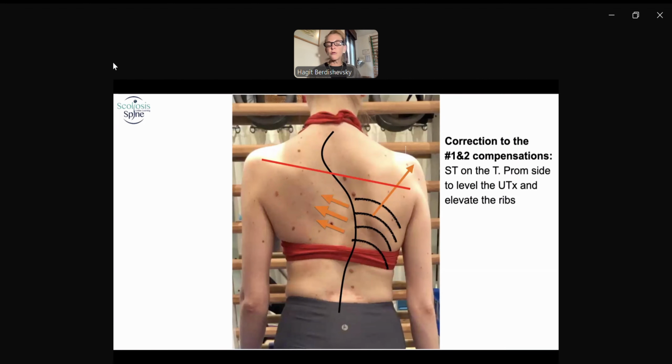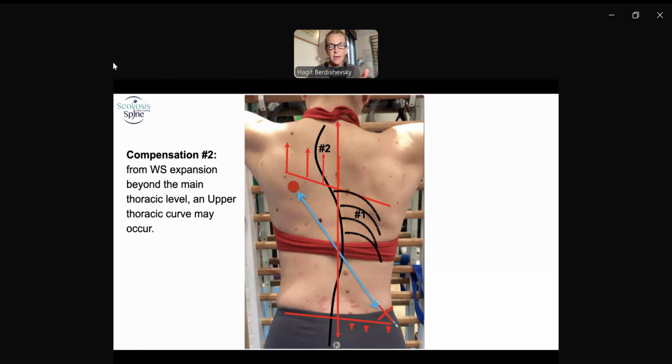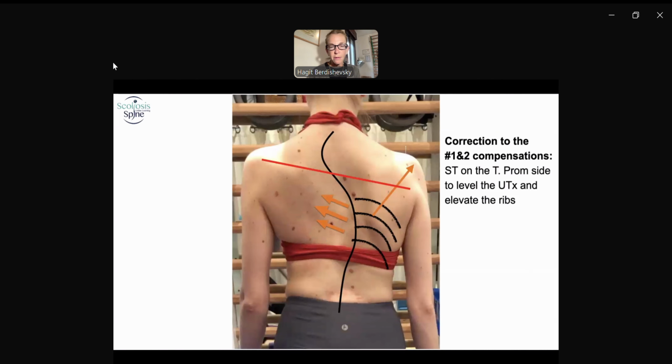So in order to correct these number one and number two compensations, very simple, we want to lift, look at this, we want to lift these ribs on number one to here. And later we want to correct the upper thoracic as well.